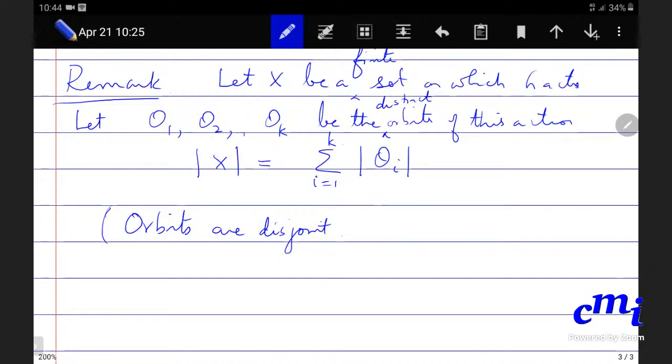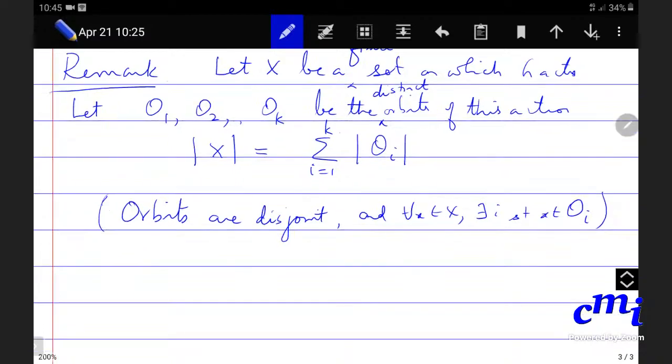And for all x in X, there exists i such that x is in that orbit. There is always the orbit of x, so every element is in some orbit. So the union of the orbits is equal to X, and they're disjoint, so the cardinalities add up. That's all that is being stated.